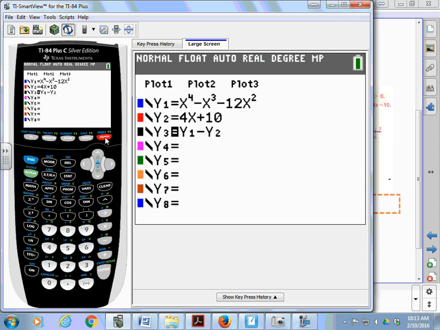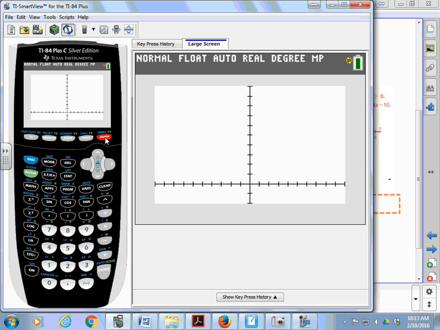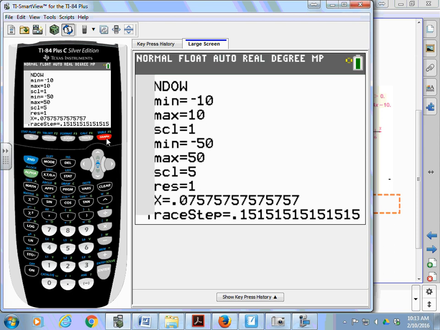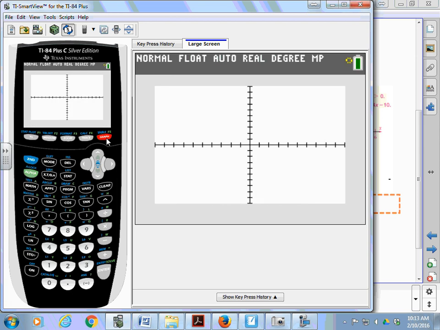Okay, and so now I will have the same graph that you do. Okay, so this is basically what you see, right? All right, let me change my window a little bit here. More than I need probably, but.